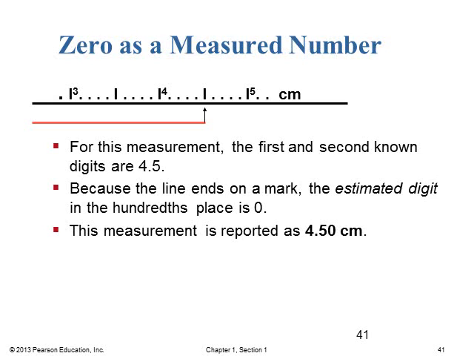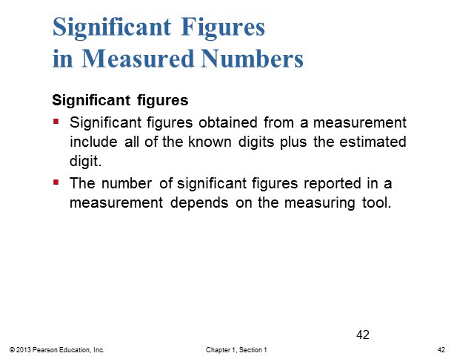And so you can report a 0 as that estimated digit, the last digit that's not viewed on our meter stick. If it lands directly on that mark, report that 0.